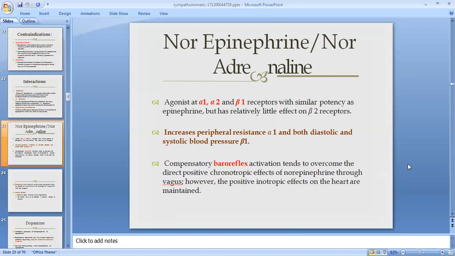The baroreceptor stimulation sends information to the brain, from where the vagus nerve is stimulated, and the vagus nerve causes decreased heart rate.